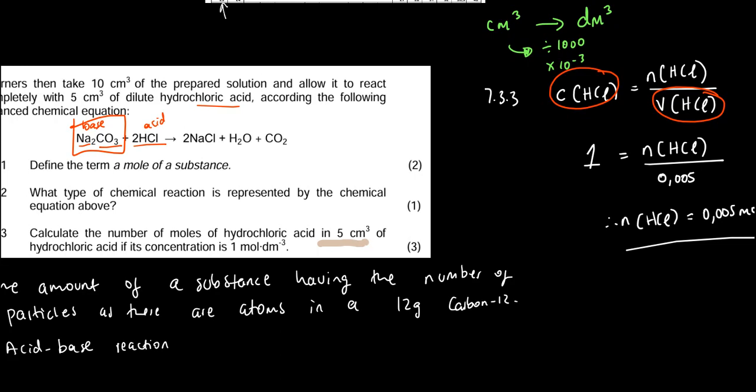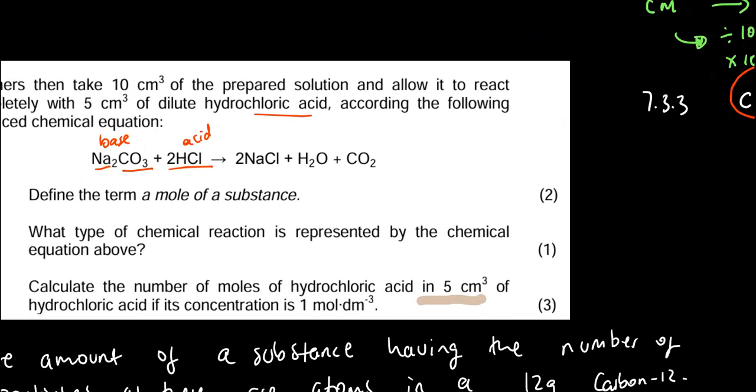You understand? So for example, let's say I gave you the volume here as 10 decimeter cubed, and I also give you its concentration. If I give you those two things, you can use the formula C equals n over V and solve for the number of moles of sodium carbonate.